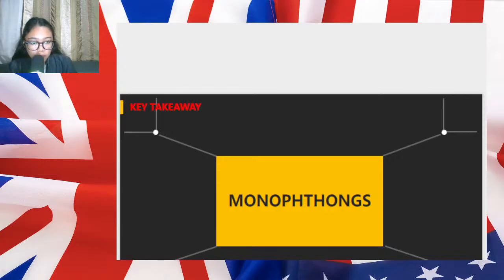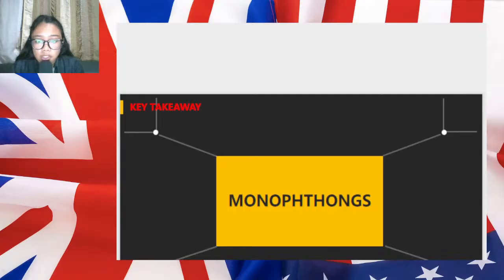Now, I mentioned yesterday, if you remember, that both the short vowels and the long vowels we covered are examples of monophthongs. So both short and long vowels are monophthongs. Okay? But why is that? What are monophthongs?